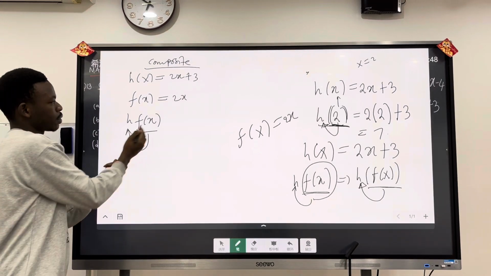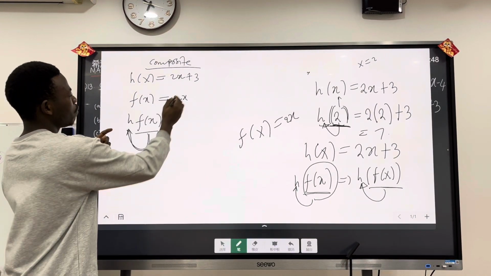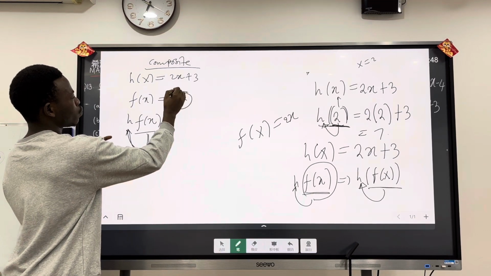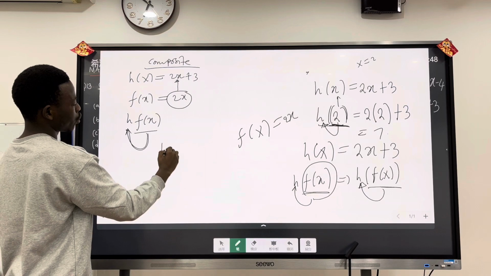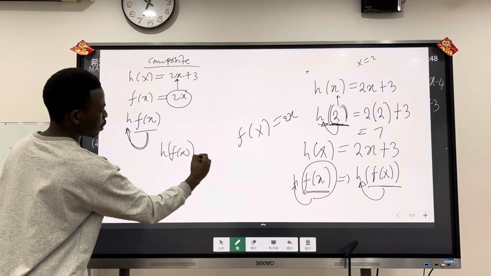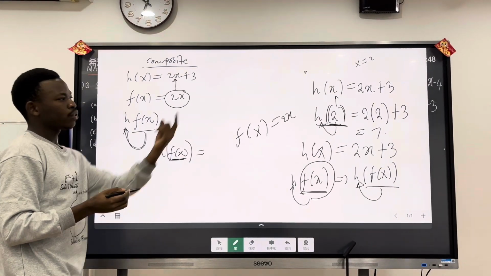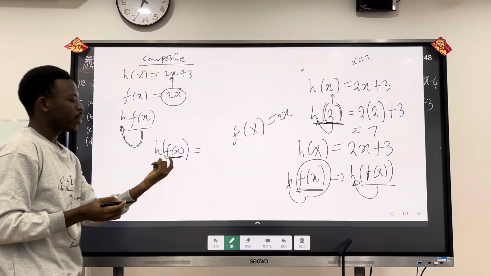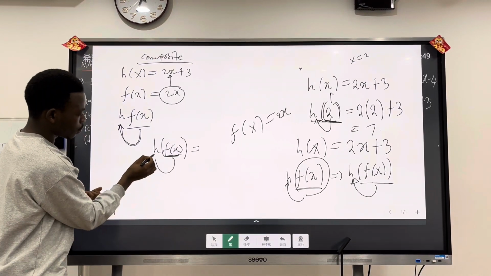So f of x is the one going in h. Meaning f of x should go in h, where there's x. So we're going to have h of f of x equal to, so this one should substitute x. Just like 2 was substituting x there, now the entire function substitutes x.